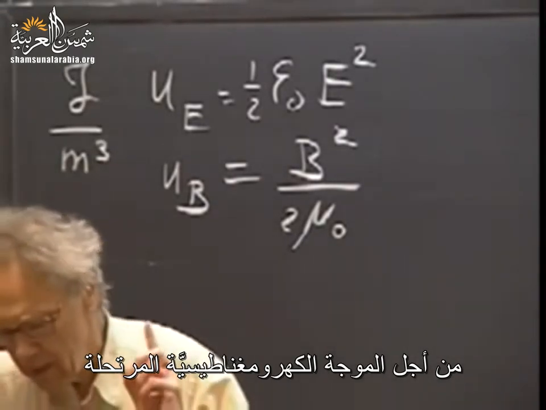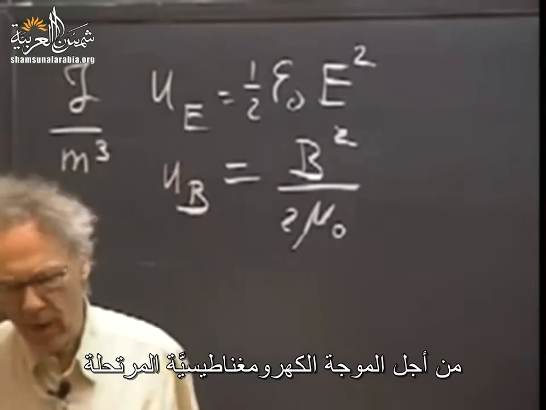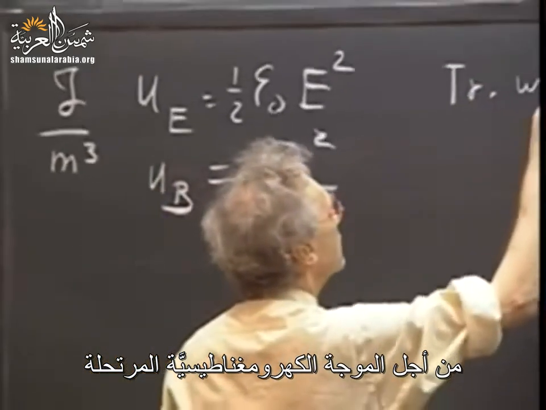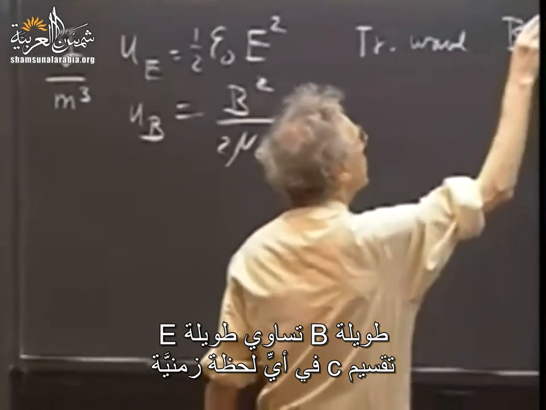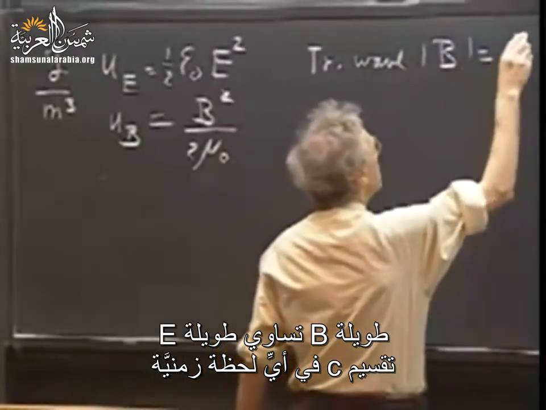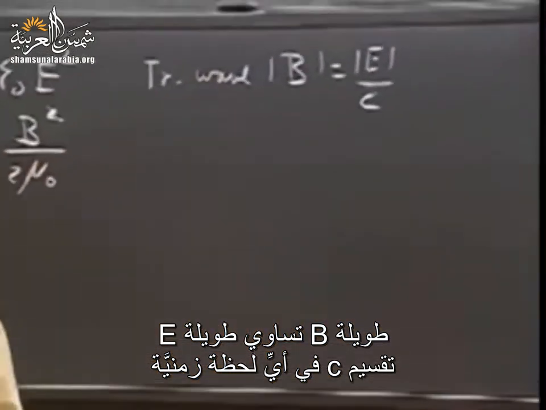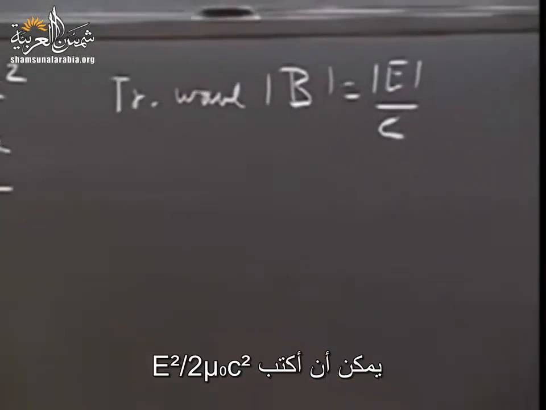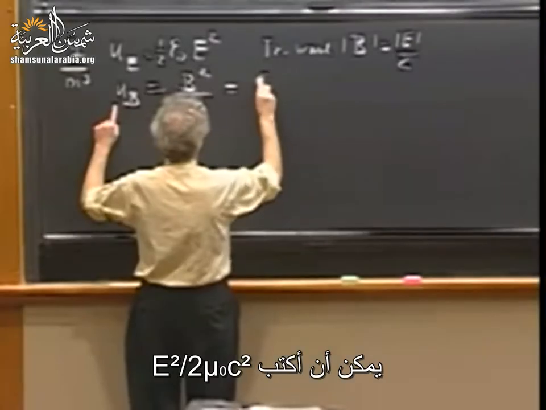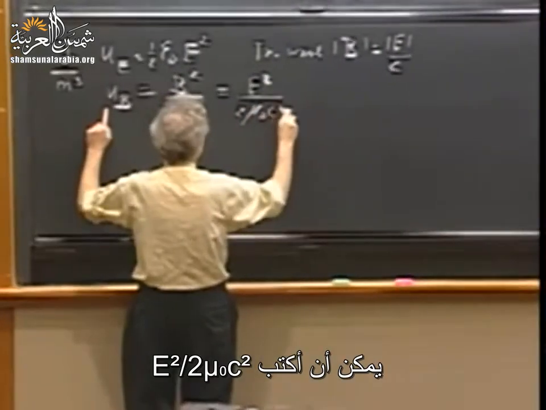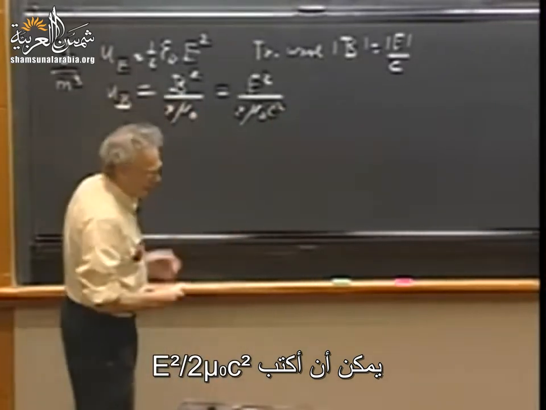Now a traveling electromagnetic wave, so this is now a traveling wave. We know that the magnitude of B is the magnitude of E at any moment in time divided by c. So I can write this as E squared divided by 2 mu 0 times c squared.